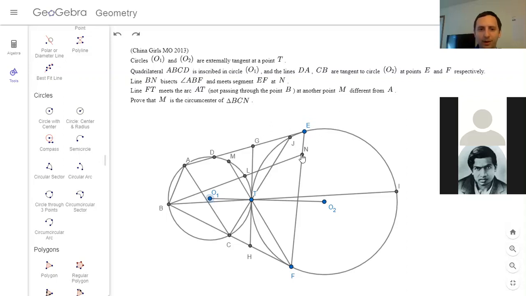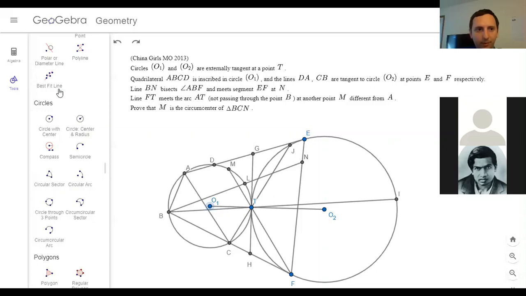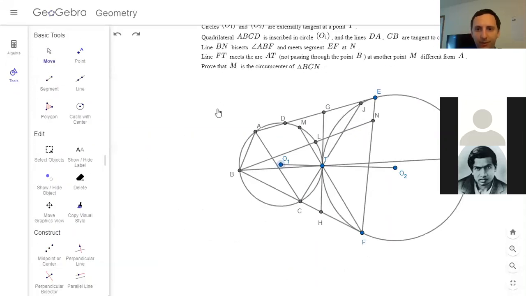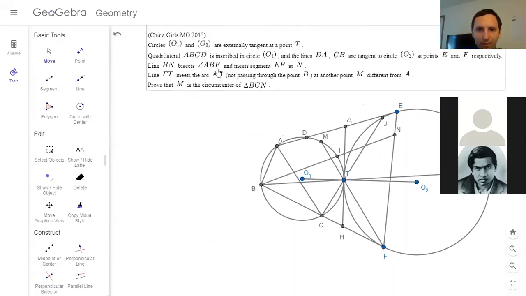Yeah, so I'm kind of curious. I'm thinking about drawing a different picture. I'm going to try something, sorry guys, just for fun here.